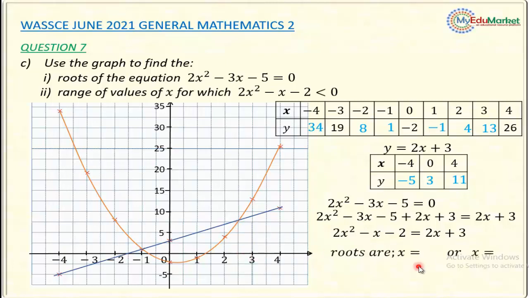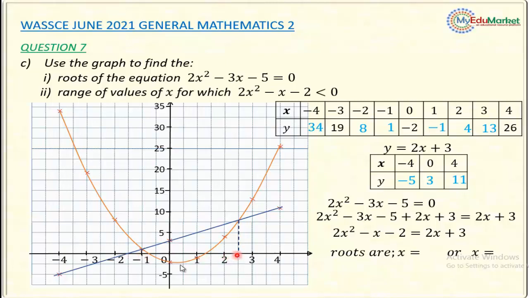So the roots will be the value here if you go to the x-axis, and the value here if we go to the x-axis. So I will now draw a line vertically down, a straight line vertically down. Look at it. This will be one of the values, or one of the roots, and this point where the cross goes down to the x-axis, this is another value.